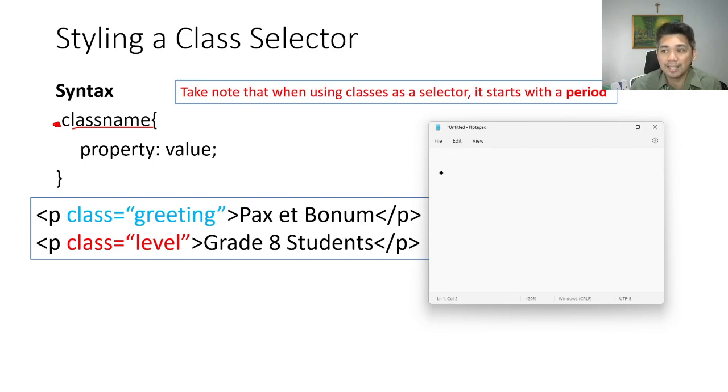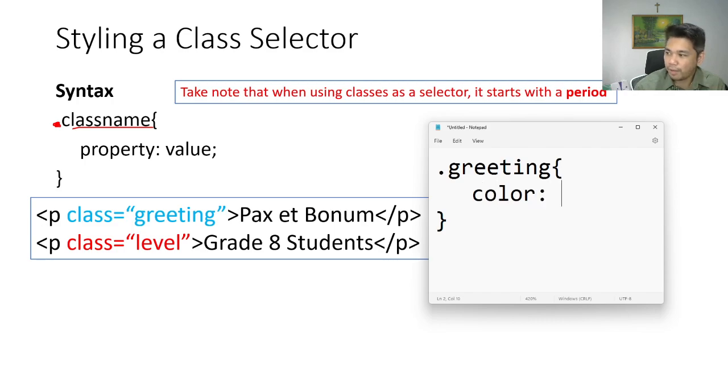Now, what is the class name of the first paragraph tag? The class name is greeting, right? And then we will write the block. Inside the block, we will now use the property color followed by the value blue.